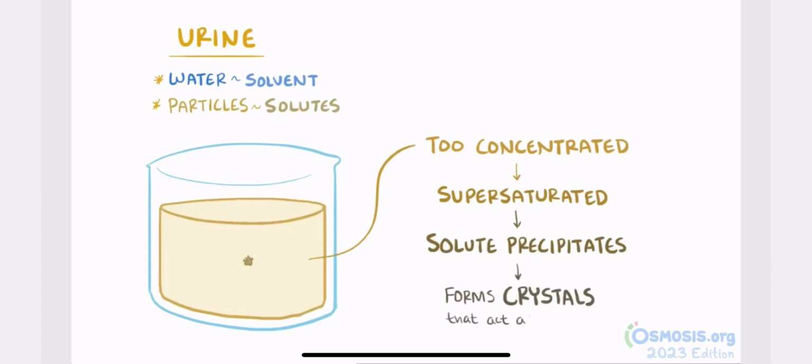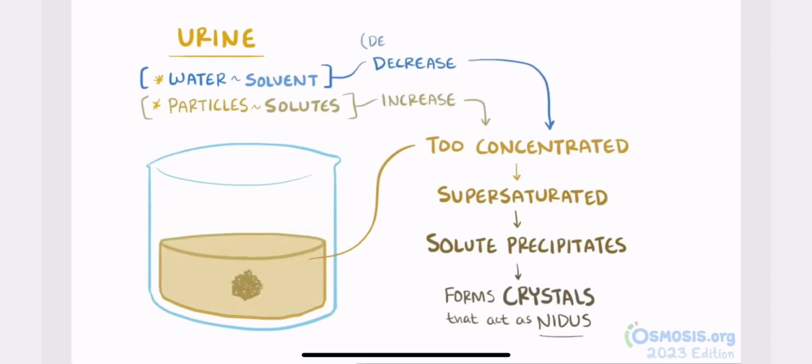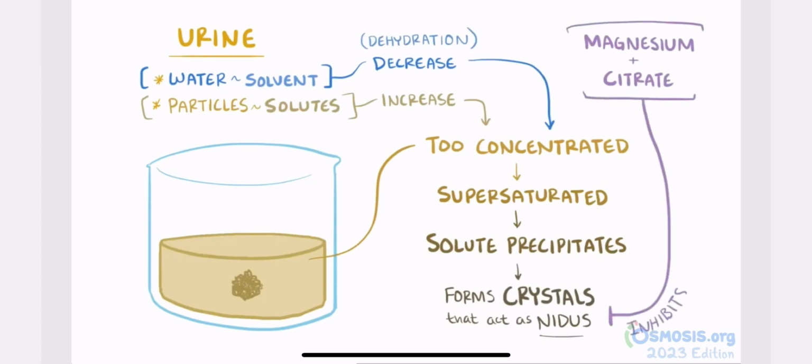Those crystals then act as a nidus, or a place where more solutes can deposit, and over time it builds up a crystalline structure. This can happen if there's an increase in the solute or a decrease in the solvent, as would be the case with dehydration. In addition, there are substances like magnesium and citrate that inhibit crystal growth and aggregation, preventing kidney stones from forming in the first place.